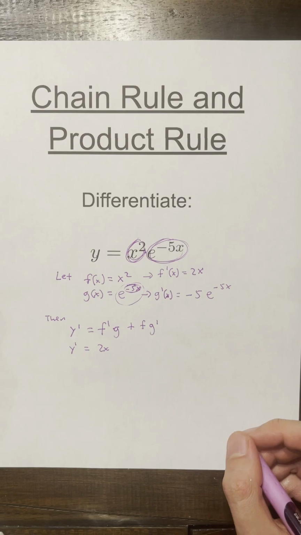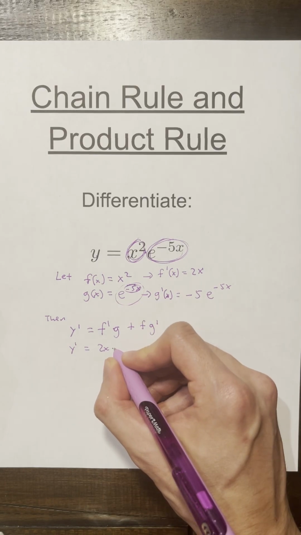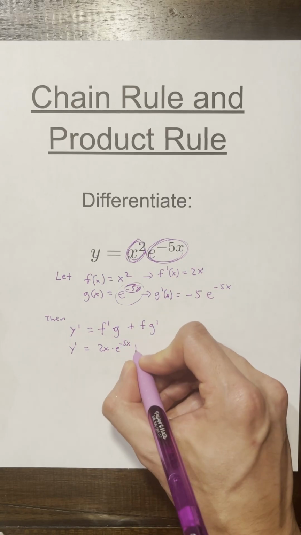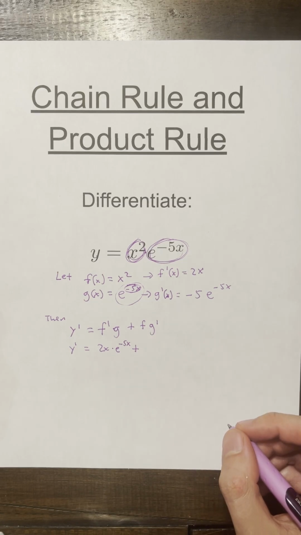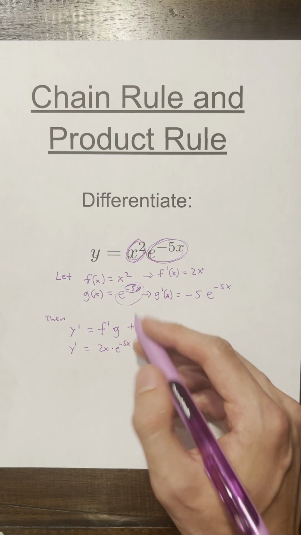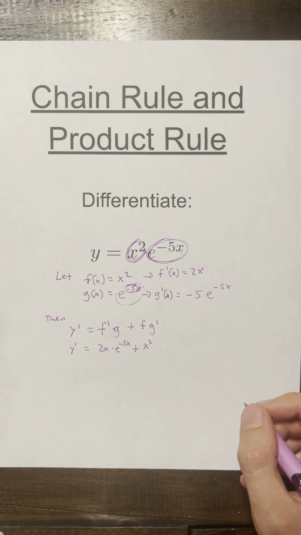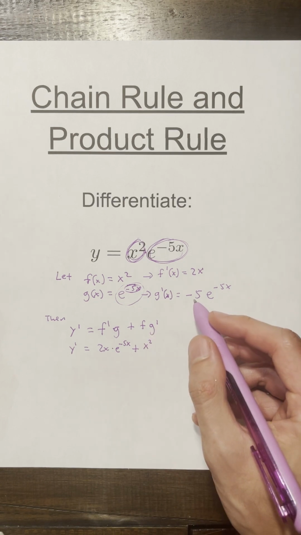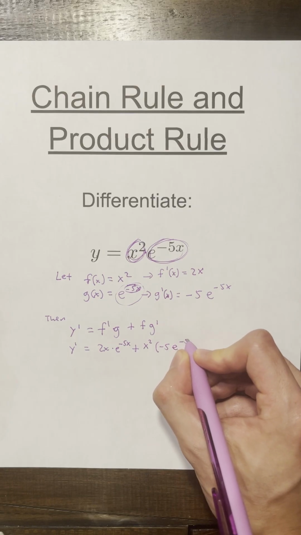What was g again? e to the power of negative 5x. So times e to the power of negative 5x. Plus how much? What's f equal to? f is equal to x squared. And how about g prime? So f times negative 5 e to the power of negative 5x.